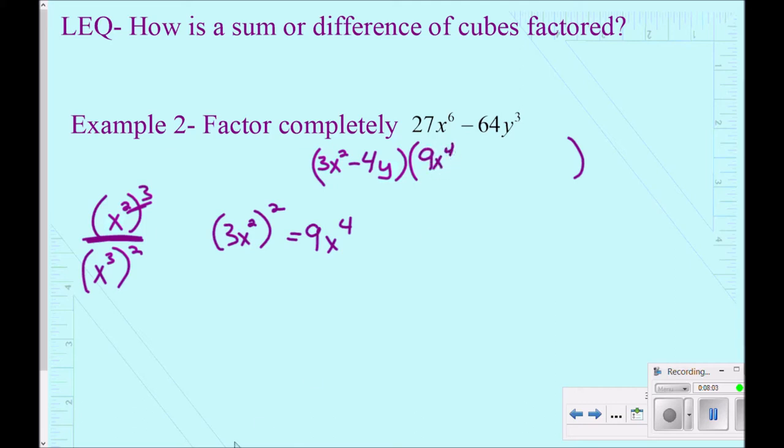Now I'm going to multiply 3x squared times 4y, and I know that this is a difference, so it's going to be minus plus plus. So 3x squared y times 4y, 3 times 4 is 12, x squared times y, so 12x squared y, and then again a plus sign. And then I'm going to square the binomial 4y, giving me 16y squared. We already checked for GCF, and there was not one, so that is my final answer.